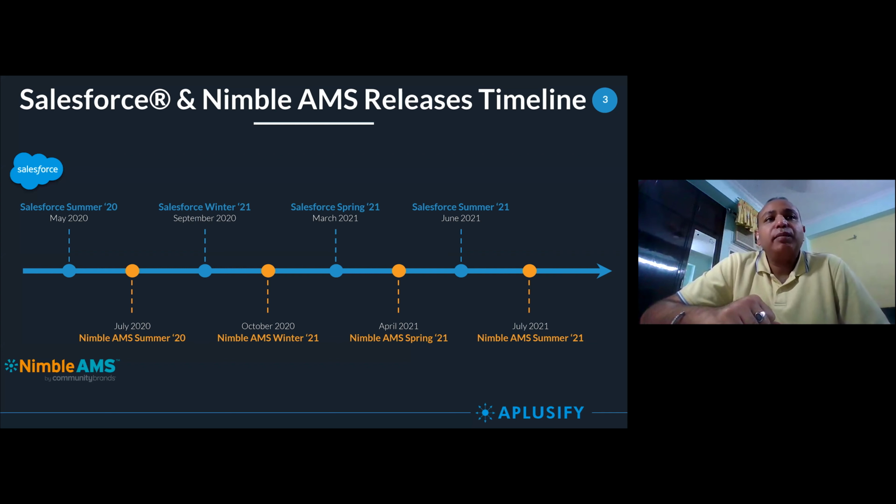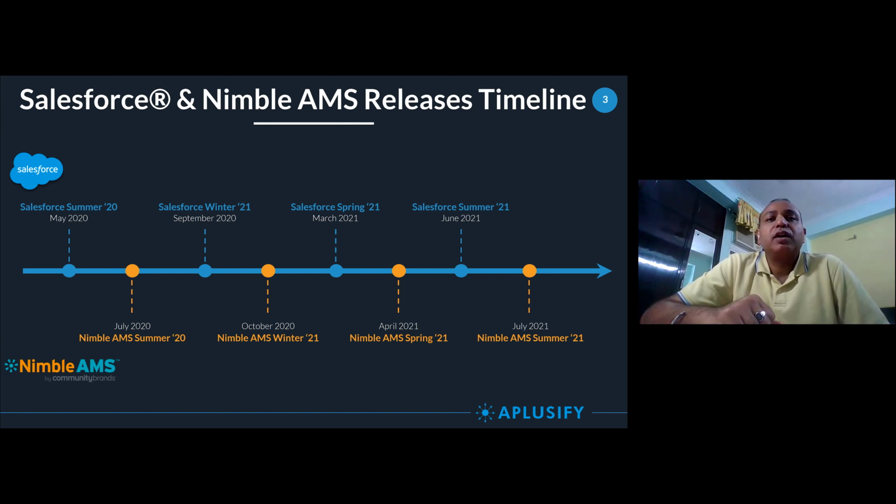It got upgraded in May 2020, while the Nimble AMS Summer 20 release got into production in July 2020. So you can see there is a gap of 1.5 to 2 months before Nimble releases the same Summer 20 release after Salesforce. Similarly, Winter 21 was released in September 2020.